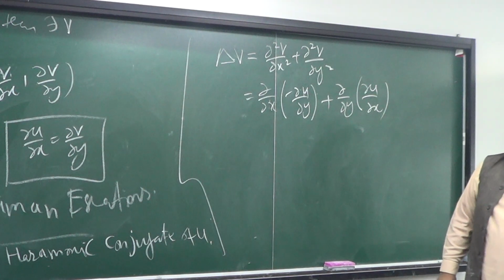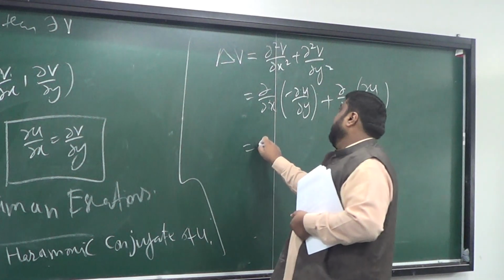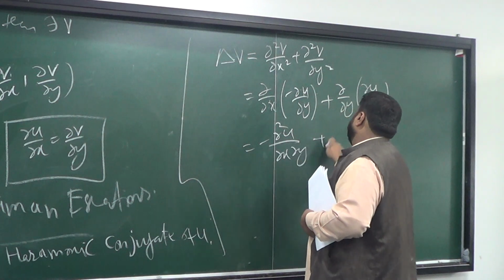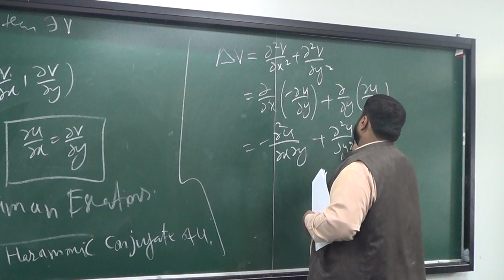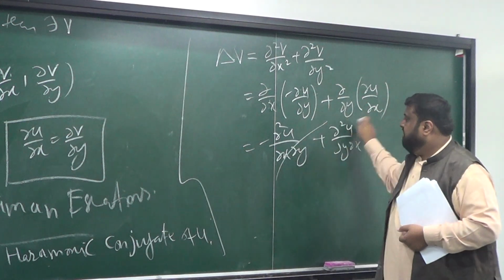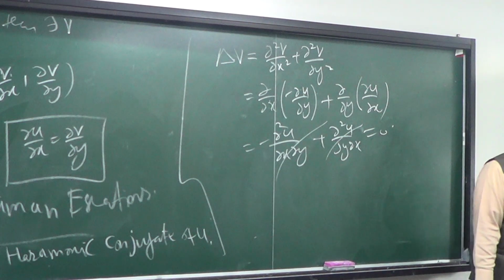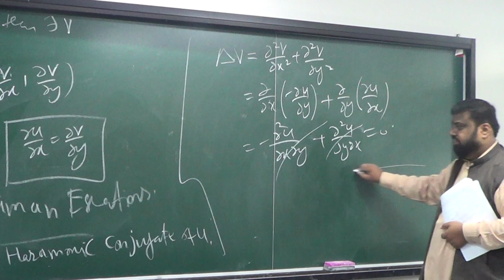And since the function is C2 class, partial 2U by partial x partial y and partial 2U by partial y partial x are the same if your function is smooth. So the harmonic conjugate must be harmonic as well.